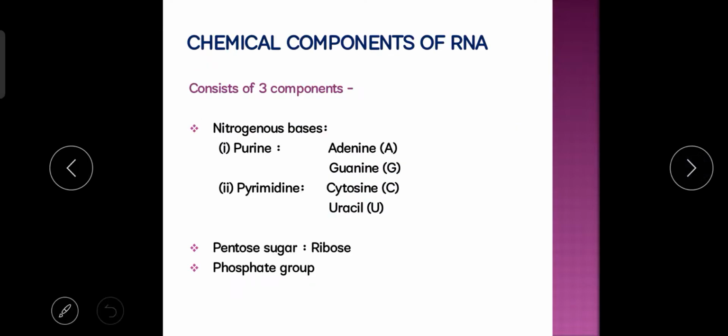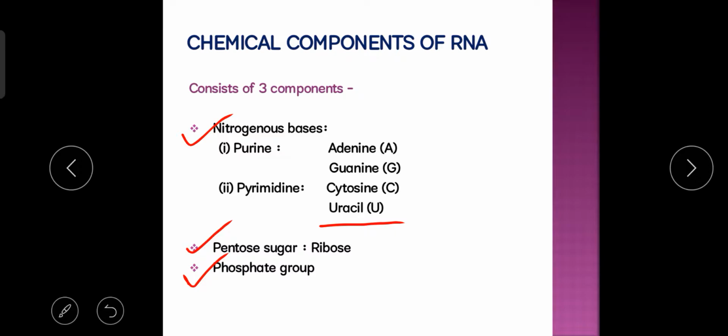So, chemical components of RNA. RNA and DNA are nucleic acids, and nucleic acids mainly consist of three components: the nitrogenous base, the pentose sugar and the phosphate group. So what is the difference between DNA and RNA on the basis of their chemical composition? In DNA, the pyrimidine is thymine, but in RNA the thymine is replaced by uracil.